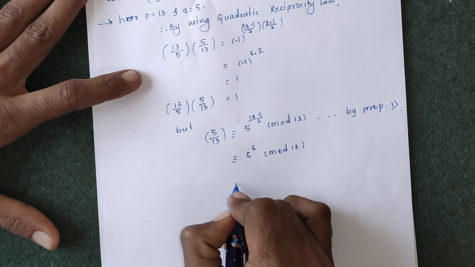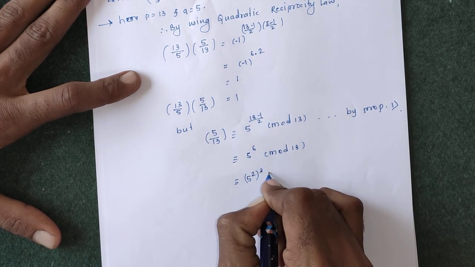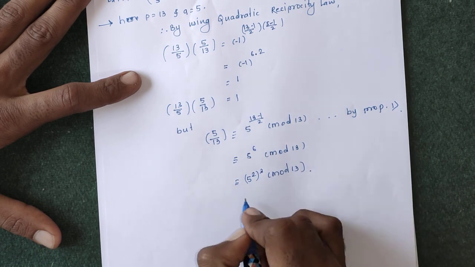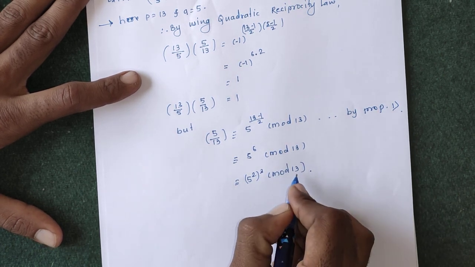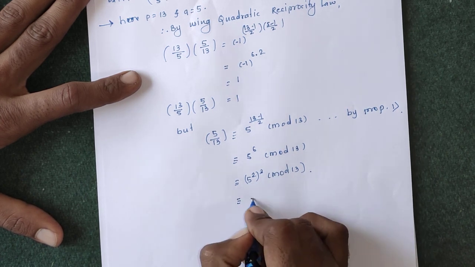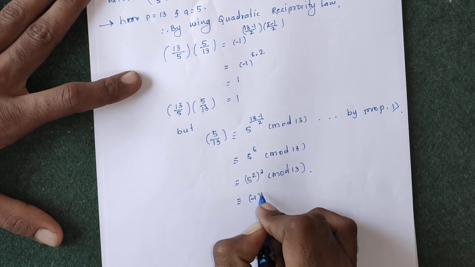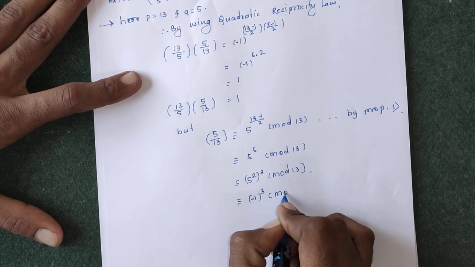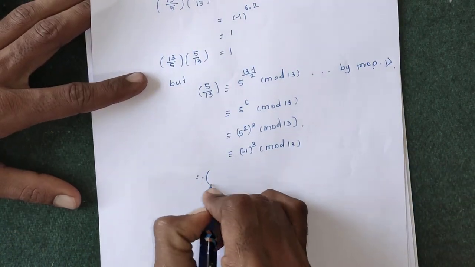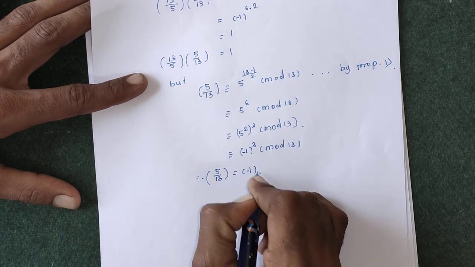So instead of this, 5 square to the power 3 under modulo 13. 5 square is 25, and 25 under modulo 13 is congruent to minus 1, since 26 minus 1 is 25. So minus 1 cubed under modulo 13, and we know that minus 1 cubed is minus 1. Therefore the Legendre symbol of 5 and 13 is equal to minus 1.